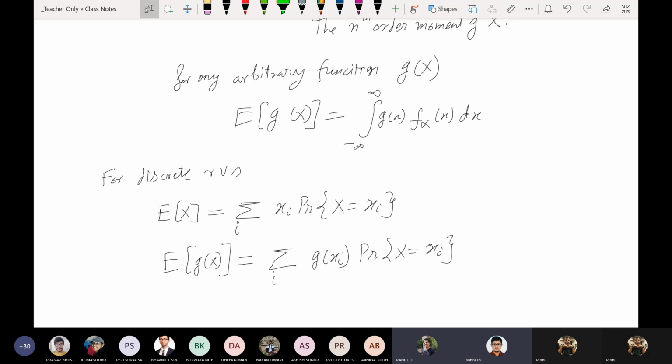By using the delta function. Yeah, by using the delta function.